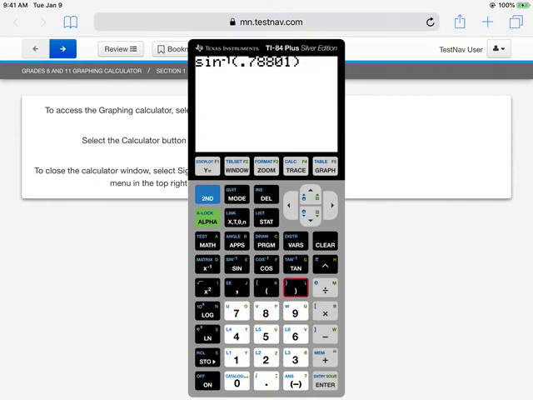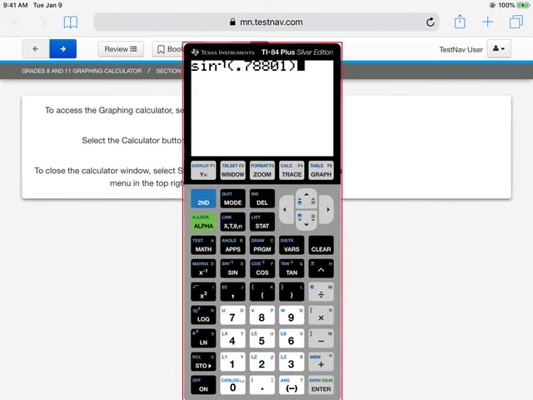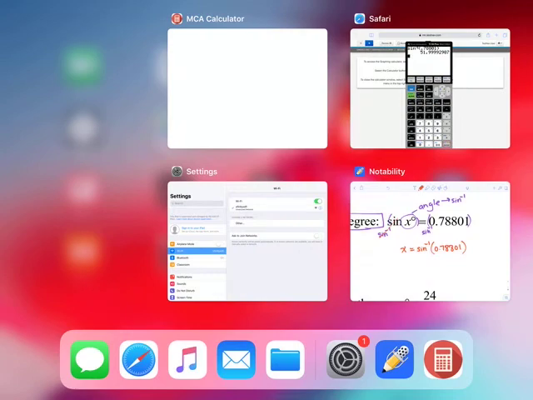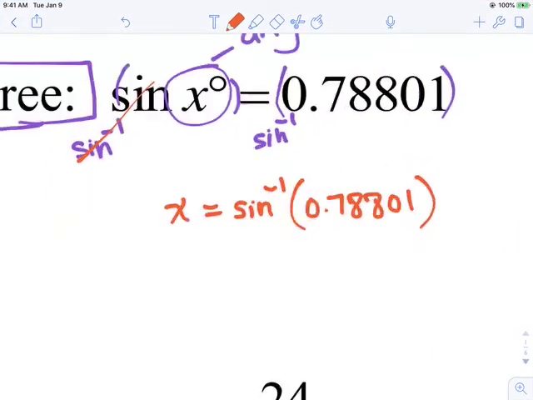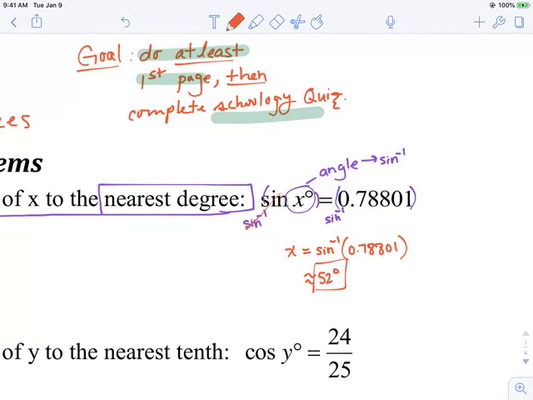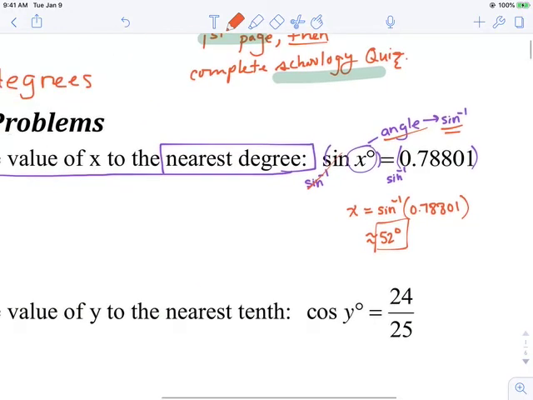Make sure you are not putting 78801, it's 0.78801. Enter. 51.99, so that means our degree is, round up, 52 degrees. There you go. Remember, when you're trying to find an angle, use the inverse trig.